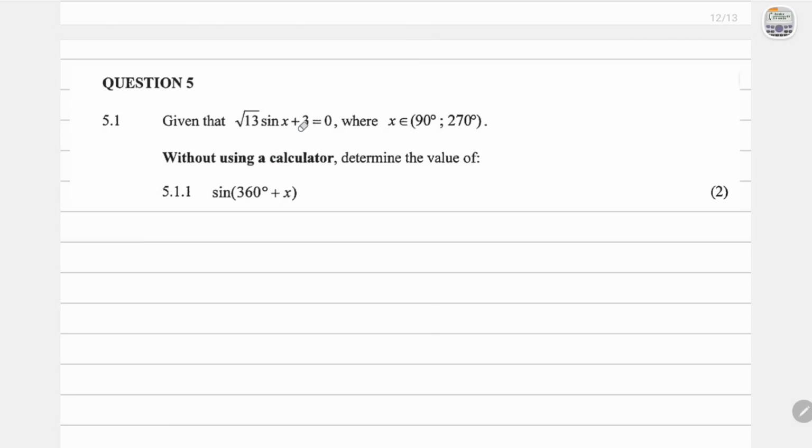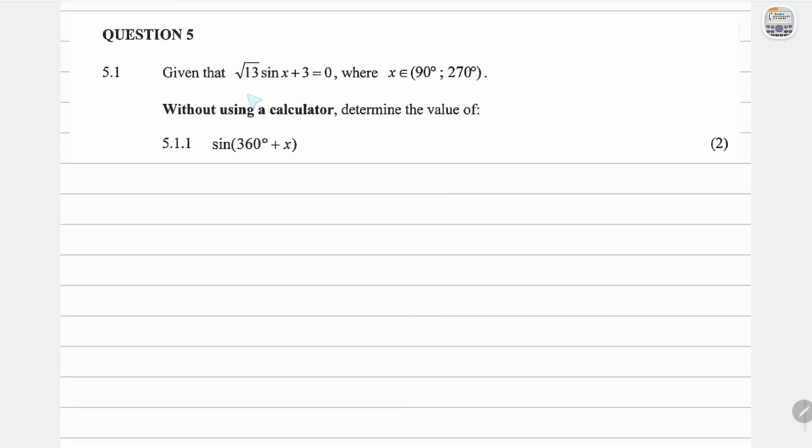As you can see from the information that they give you, we have a trig diagram, because it's really hinting at what x is and where our diagram is. So let's go ahead and sort that part out first. We are given the square root of 13 sine x plus 3 is equal to 0.